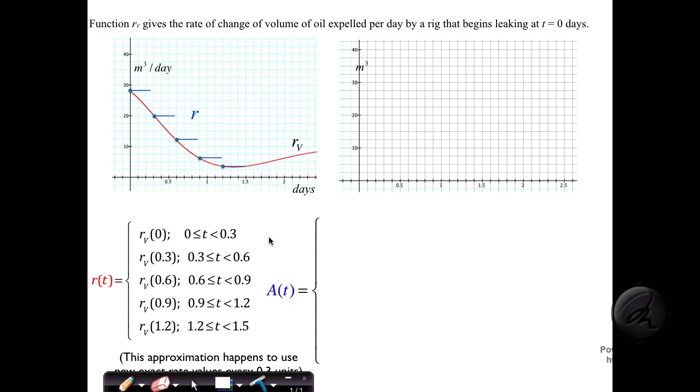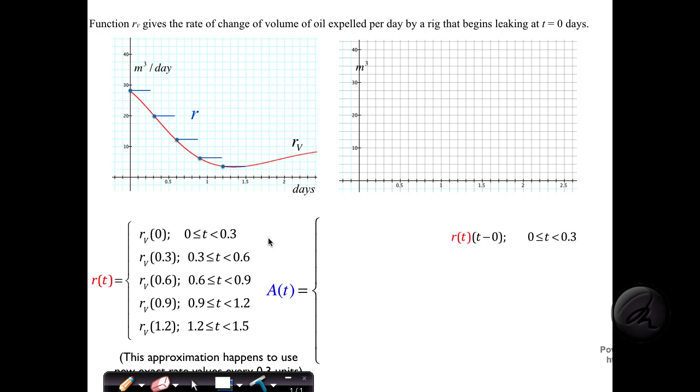If I want to write this accumulation function, and again, this is approximate net accumulation. Net accumulation means start from 0, just measure what changes happen past that, or start from whatever the given point is. Our oil spill started at 0, we're measuring oil since time 0.